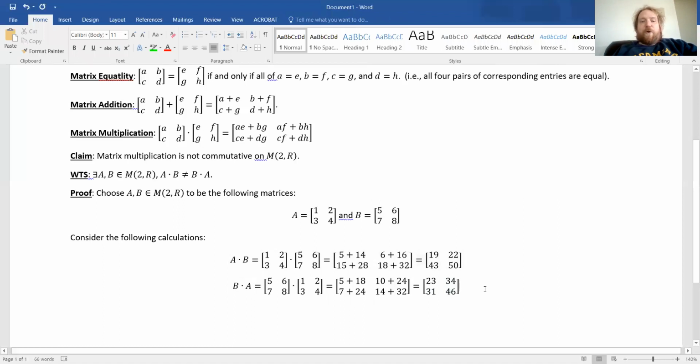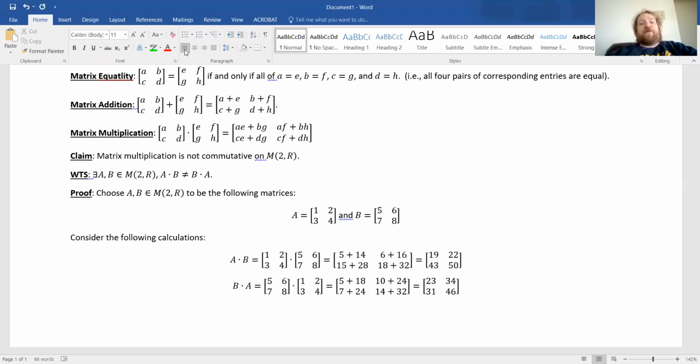Now, we only need one pair of corresponding entries to be unequal, because matrix equality is defined when all pairs of corresponding entries are equal. So the negation of that is there is at least one pair of corresponding entries that is not equal.